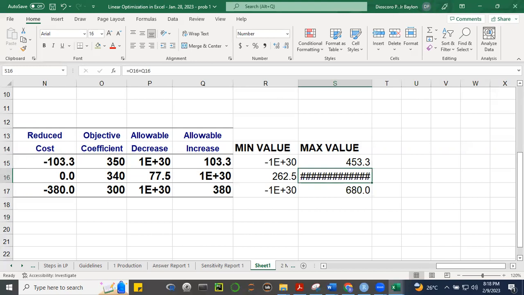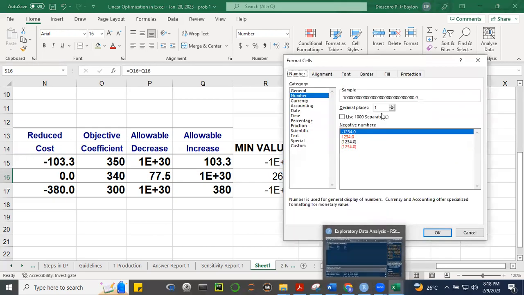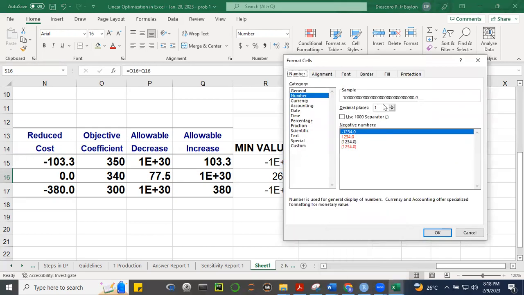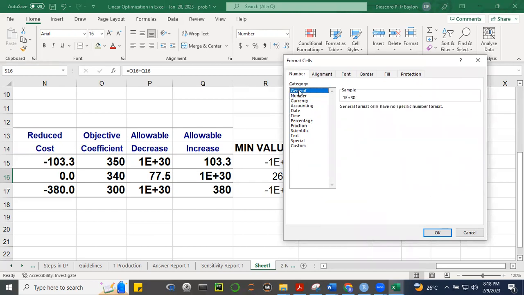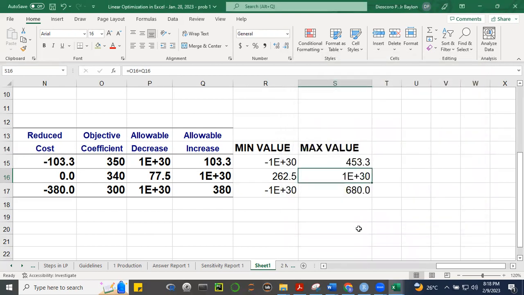So this is practically, so 340 plus a very big number will be equal to, so practically 1e plus 30 din yan. Control 1, i-ano natin yung, ito yung number, no? I-ano na lang natin as a general, okay? General lang siya.